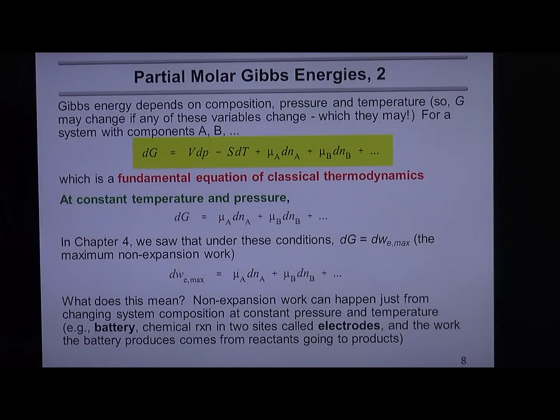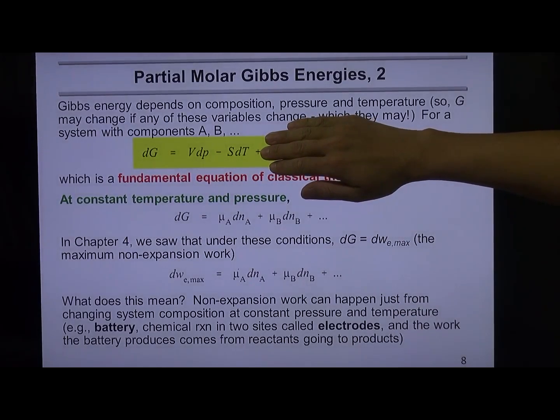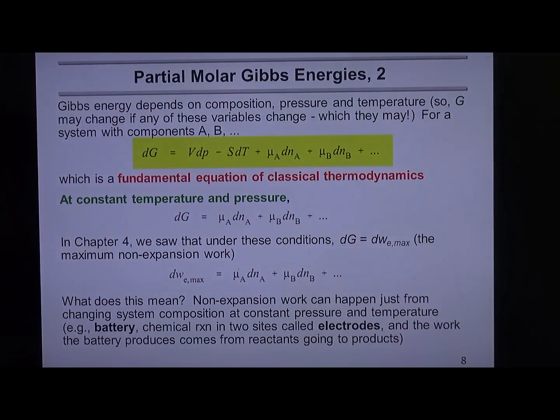So, in chapter 3, we learned the fundamental equation for total Gibbs energy. dG is equal to VdP minus SdT. Pressure and temperature were ways to change the total Gibbs energy. Right?